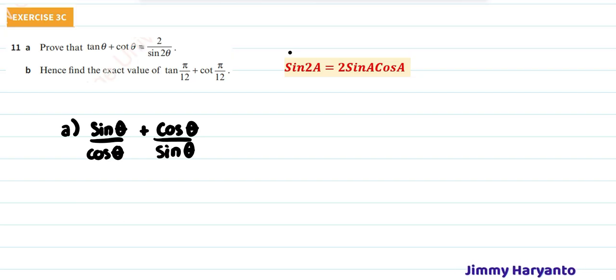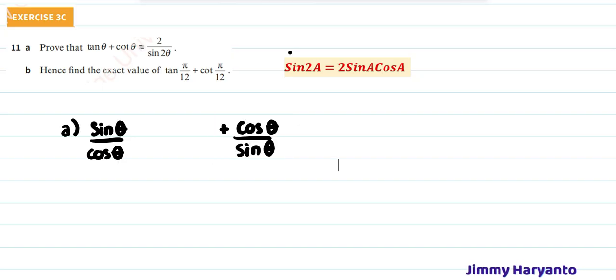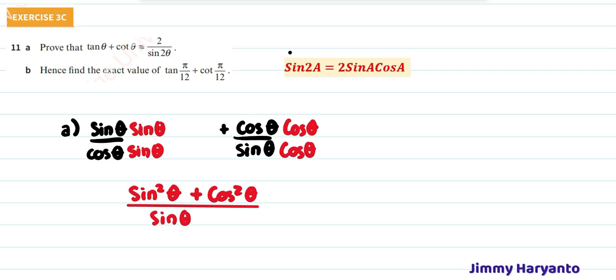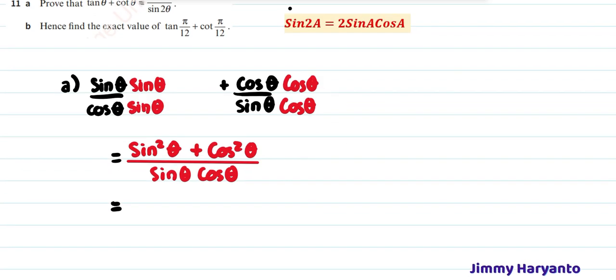Make the denominator equal. That means I will add sine theta right here, sine theta at the top, and I will add cos theta at the bottom and cos theta at the top also. So this one will become sine square theta plus cos square theta divided by the denominator, sine theta cos theta, equals the top part will become 1 because we have the formula of sine square theta plus cos square theta.